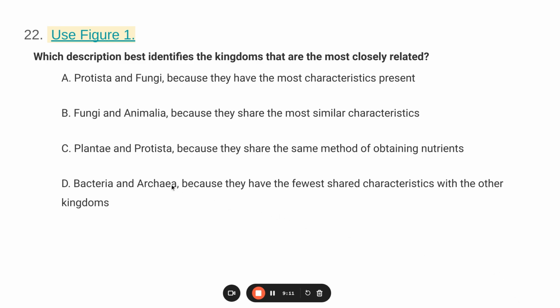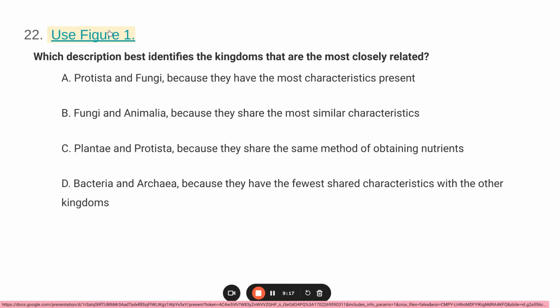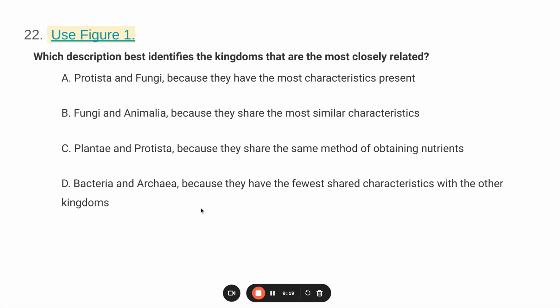So before we even flip back to this figure 1, and sorry I didn't make a fancy hyperlink back to question number 22, but just to remember the way these cladograms and phylogenetic trees work. The closer you are on the tree, the closer you are to being related to each other.